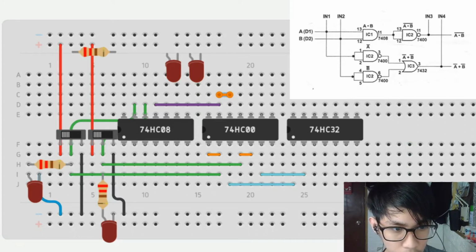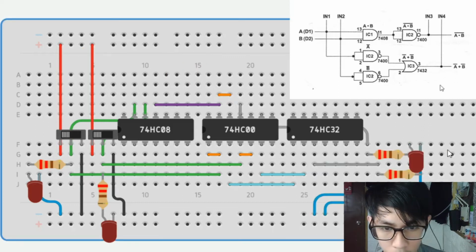Next, let's connect the output of the NAND gate pin 11 to in 3, which is an LED, and the output of the OR gate pin 3 to in 4, which is also an LED. As you can see here, I've already connected the output pin 11 to the LED of NAND gate, the output of the OR gate pin 3 to another LED.